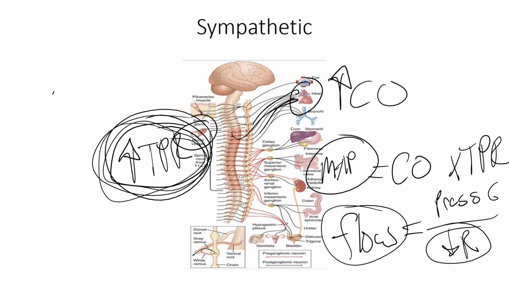You're driving up mean arterial pressure. There's not much of a change in the pressure within the veins. So you've driven up the pressure gradient while simultaneously driving down the vascular resistance in those areas. Blood flow equals the pressure gradient divided by the resistance.